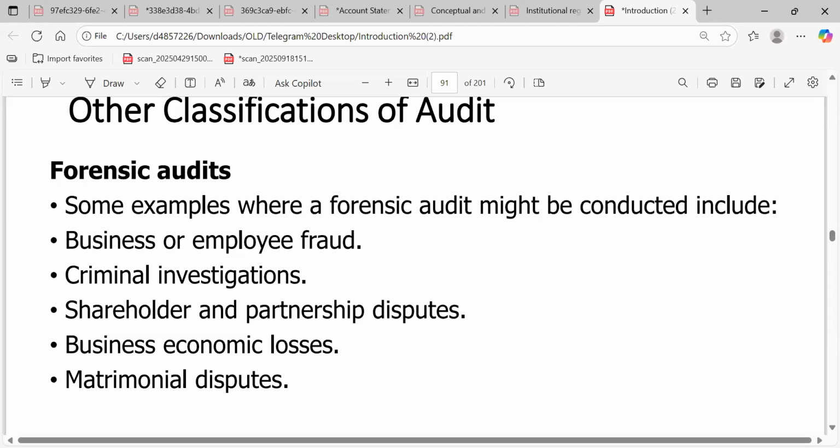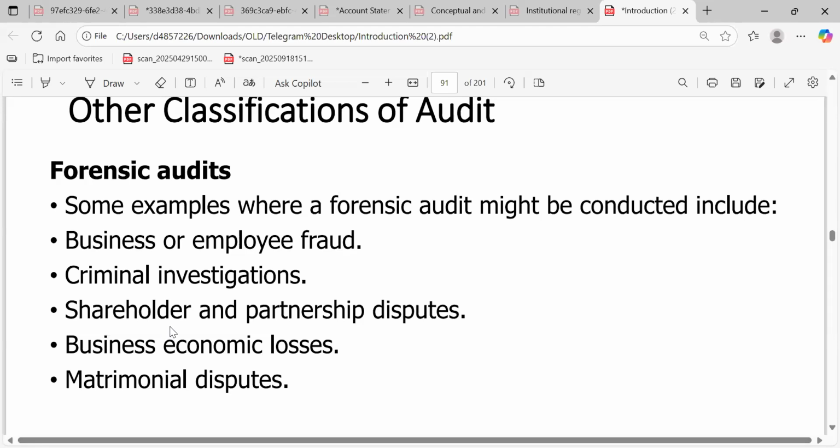Then sometimes we carry out forensic audits in criminal investigation. So if there's a suspicion of crime that has been committed, a forensic audit will be needed to unearth what has been done or to establish guilt or not.